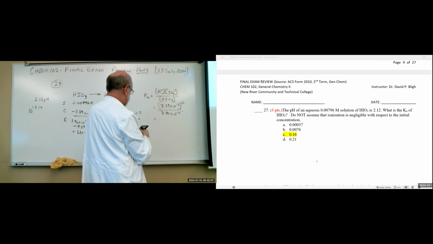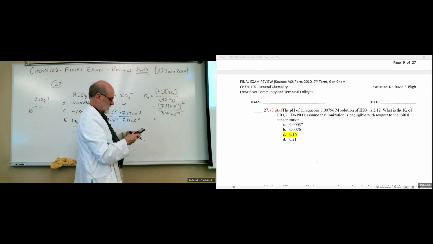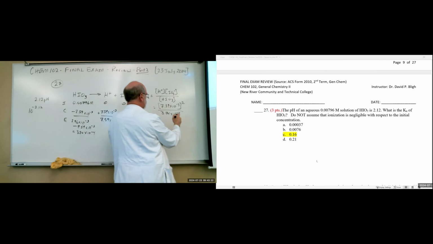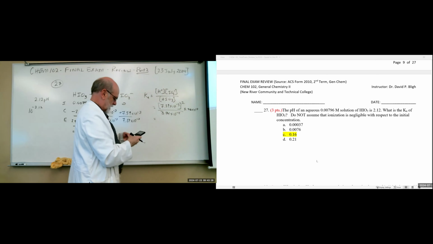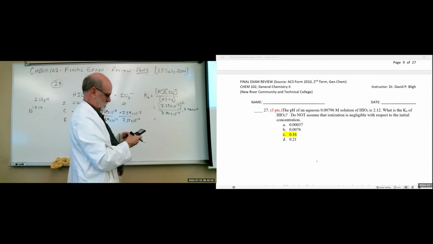I better put them in myself and start over again. This one is 5.76 times 10 to the minus 5, divided by 3.74 times 10 to the minus 4.